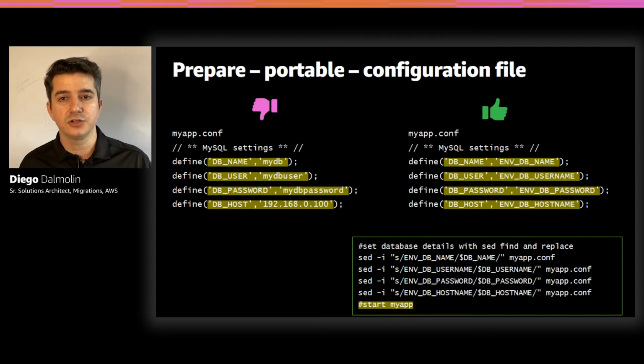And then you can use a script using Unix sed, for example, to replace that string with your environment variable before you start the application, as you can see on this green box. So you can replace your environment variables that the container is receiving from the task definition, ingest those values into the configuration file, and then finally launch your application.